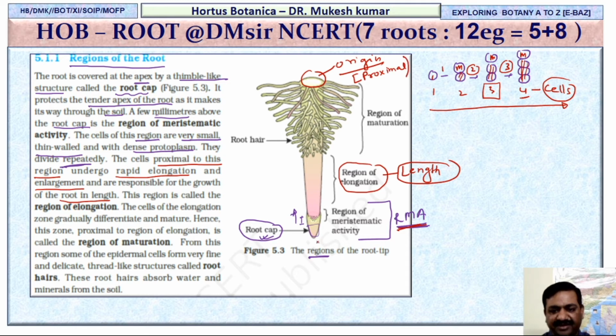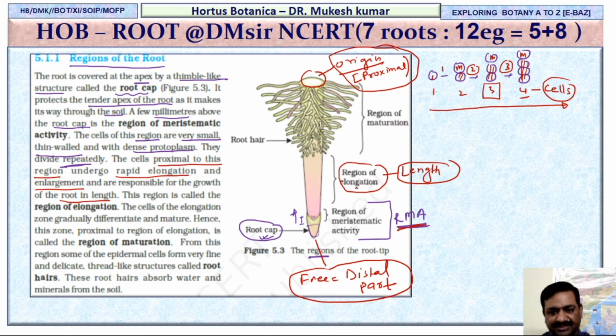And this end is the free end. So this free end is supposed to be the distal part. If you are taking its position with reference to origin, you have to say proximal.